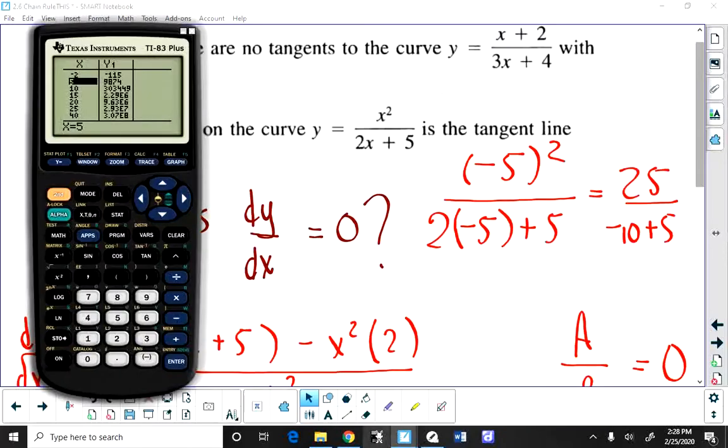Just do a low-level cheat here and sketch this thing. Was x squared divided by 2x plus 5? Yeah. Well, I mean, let me just go to our table, -5. It's -5 for sure. Okay, but I do want to show you the significance of this graph.